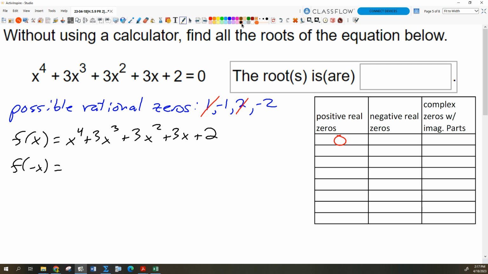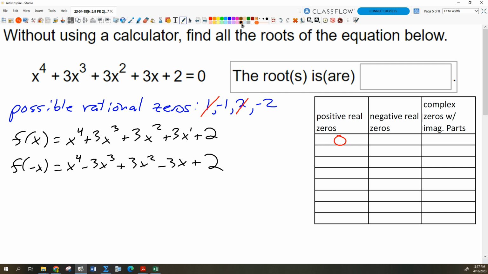So does the sign change? Stays the same, right? That one's changing, from positive to negative. Even stays the same. Odd power of x swaps. Even stays the same. So now we do get some sign changes, don't we?